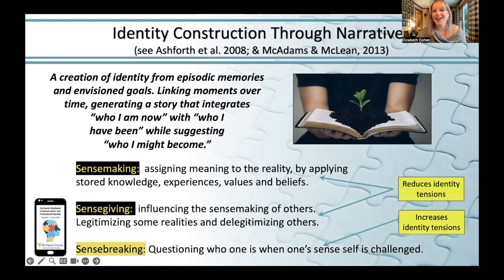Sense giving is when you help other people make sense of something. And this could be direct or indirect, right? So when you are in an organization and somebody's just volunteering information about how things are done, that's sense giving. I'm not saying that they understand they're saying something like that in that way. You probably do this all the time too, but it's something that contributes to how people make sense of things.